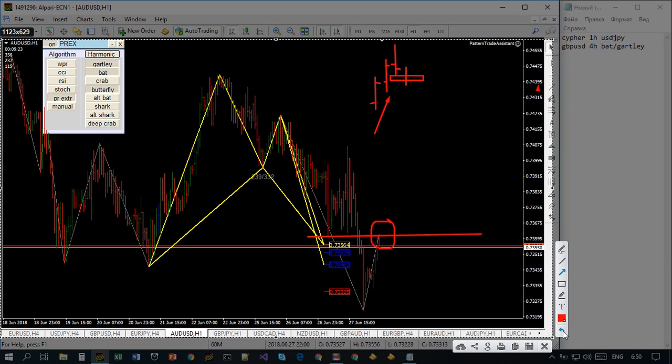If price never went there, and instead you have a higher low, your signal is simply invalidated. So wait for another bar, set another trade, and you need to have a follow through.